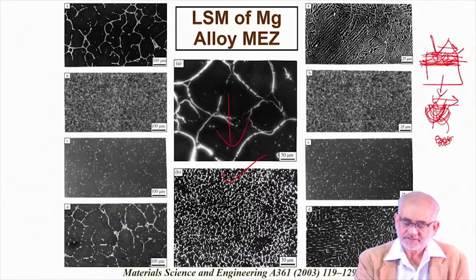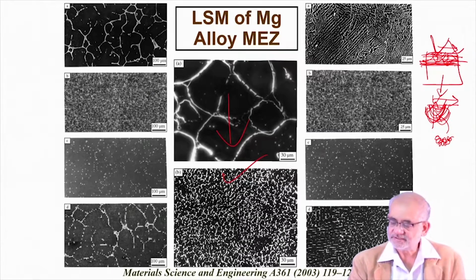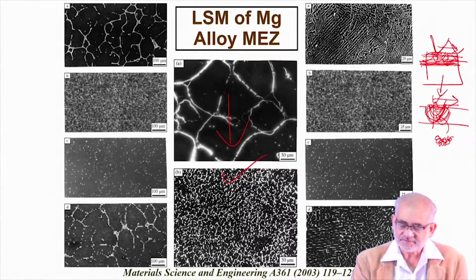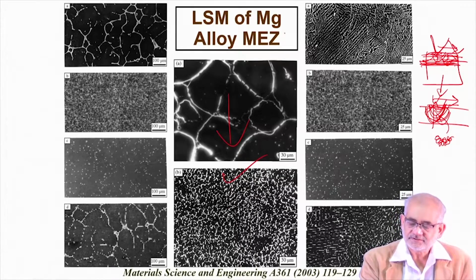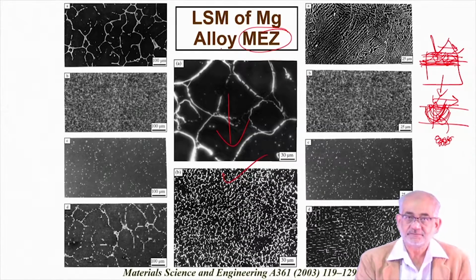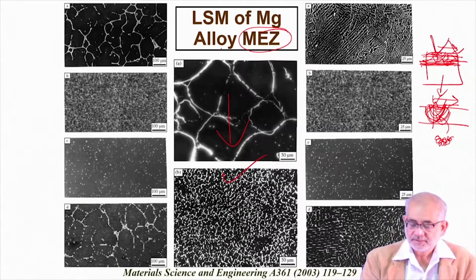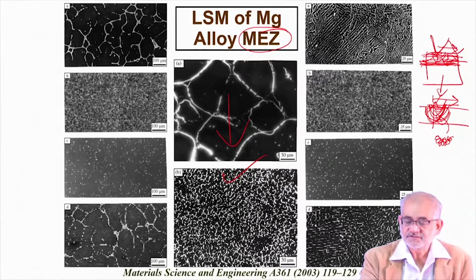So purely by surface melting up to a certain depth from the surface, we can convert the surface microstructure from being so coarse to so fine. And the advantage in this particular case, we are dealing with a rare earth added magnesium alloy. The presence of these rare earths allows formation of certain intermetallic aluminides or phases along the grain boundaries.